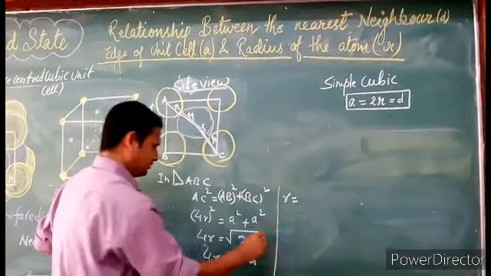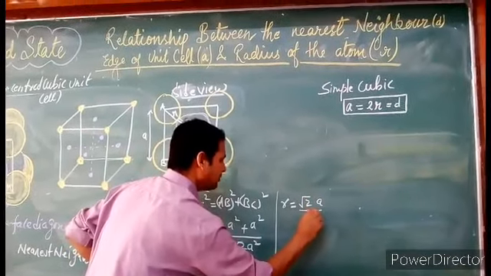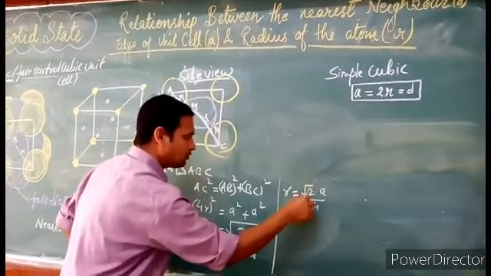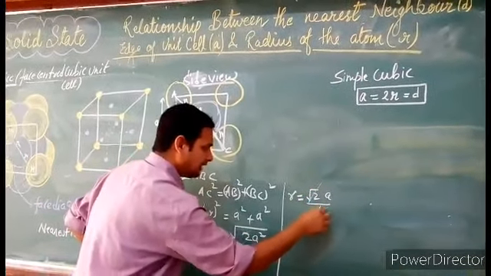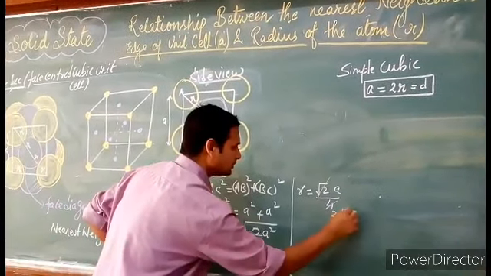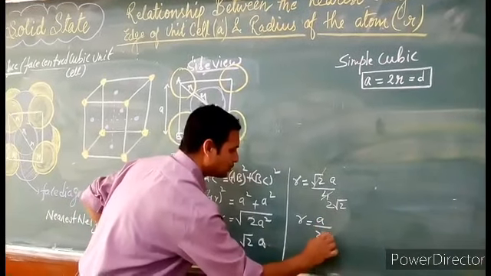R will be root 2 A by 4. If we simplify, it becomes A by 2 root 2. So R is equal to A by 2 root 2.